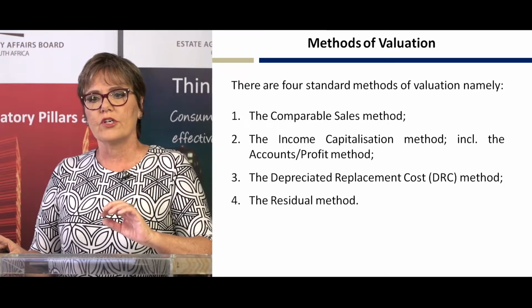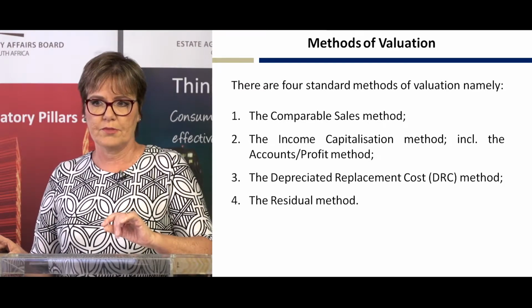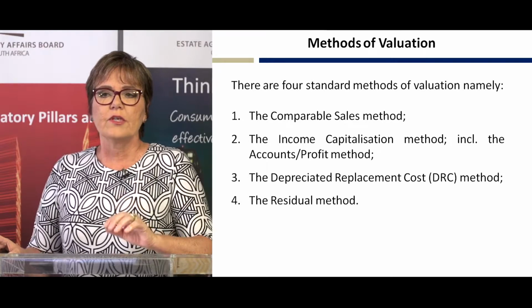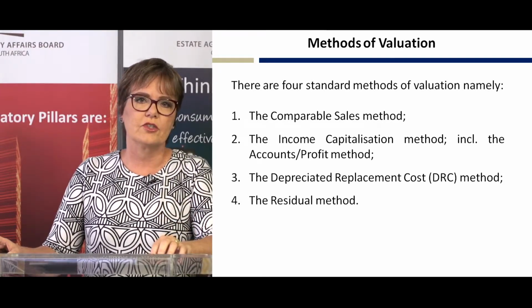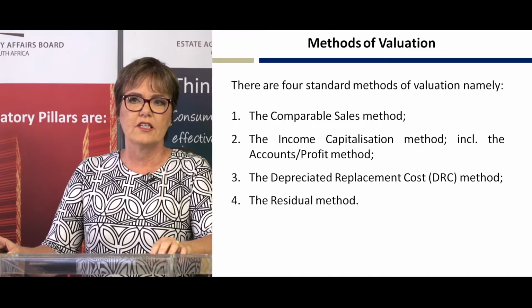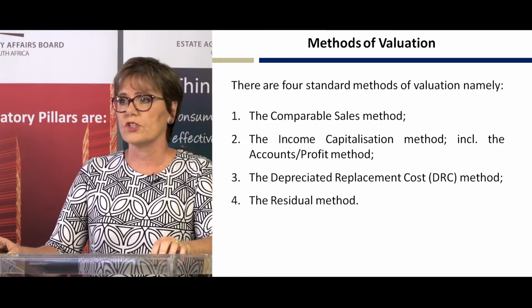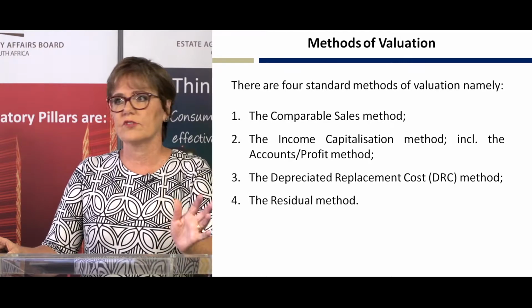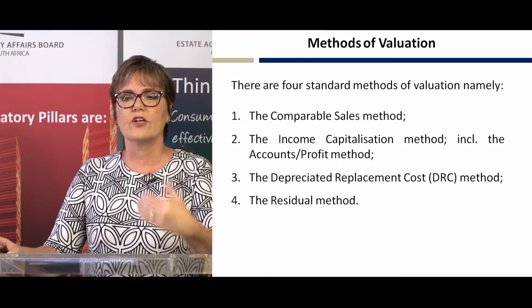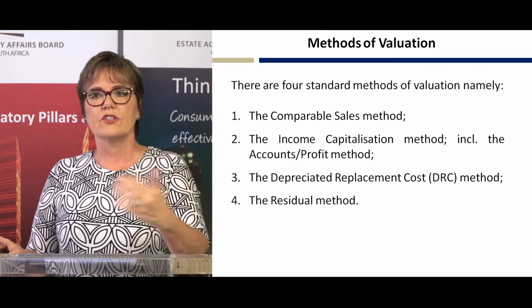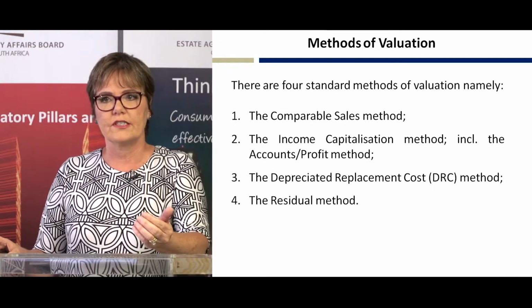Then, with regards to depreciated replacement cost, that we usually apply for properties which never or seldom come onto the market. In this instance, we can think of government schools, prisons, sports stadiums, power stations, anything like that. So there's no way that we can compare it to any sales that happened previously.